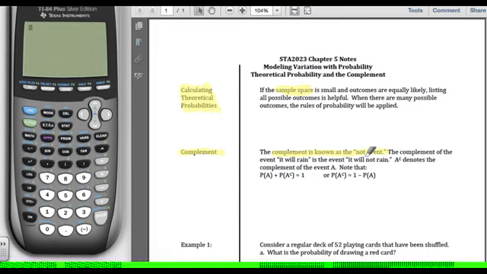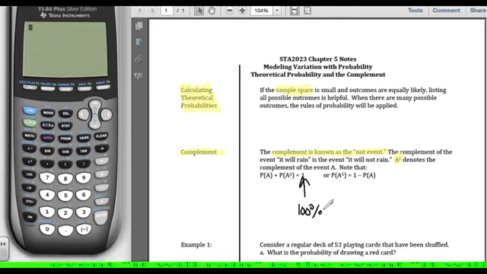For notation, we've got this A^C that's going to denote the complement. And note that the probability of an event A, this P and then the parentheses denotes probability, so the probability of A plus the probability of the complement of A is always equal to 1 or 100%.